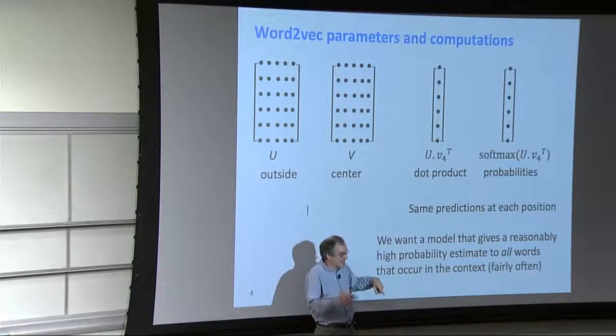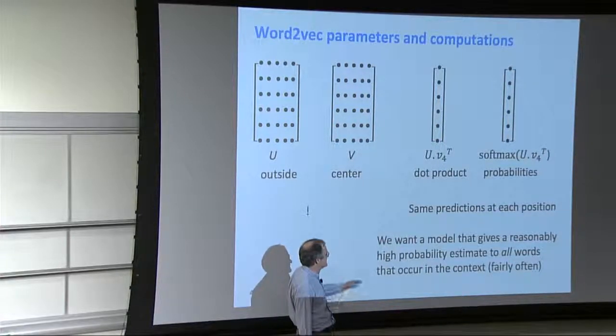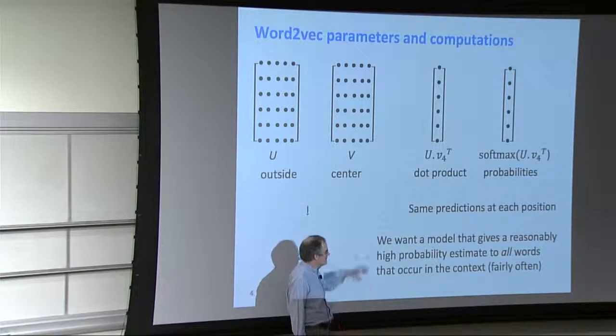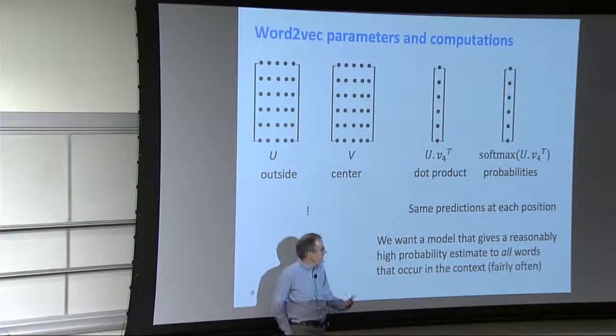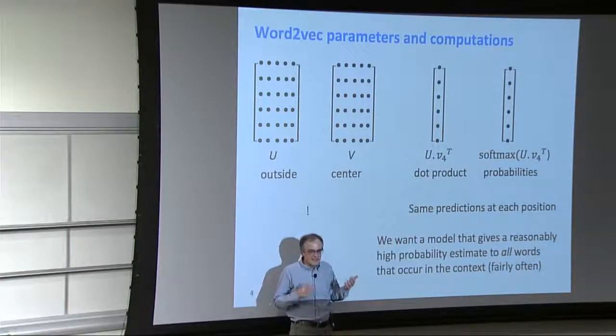The one to the right should be house too. So there's no fineness of prediction. It's just an overall probability distribution of words that are likely to occur in my context. So all we're asking for is a model that gives reasonably high probability estimates to all words that occur in the context of this word relatively often. There's nothing more to it than that.